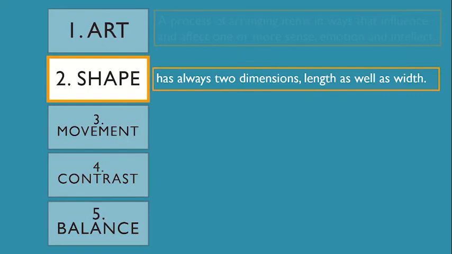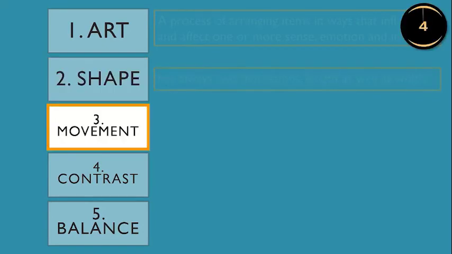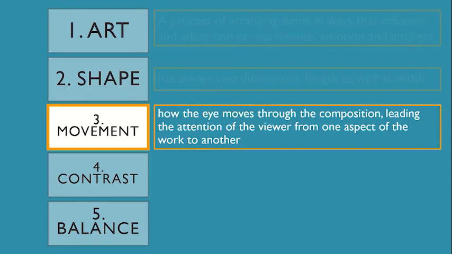Now let's have number 3. Ready? You have 5 seconds. Time is up, and your answer is? Movement is how the eye moves through the composition, leading the attention of the viewers from one aspect of the work to another. Shall we have the next item?